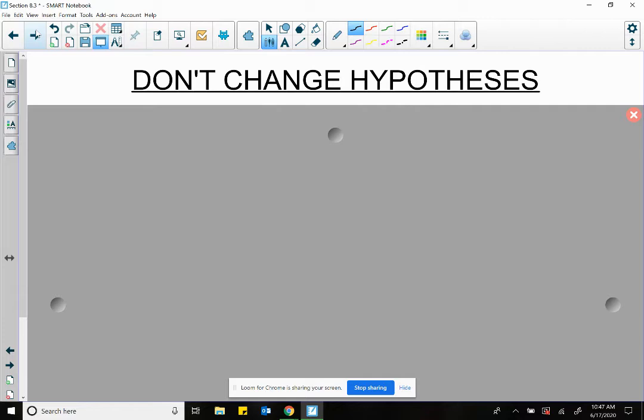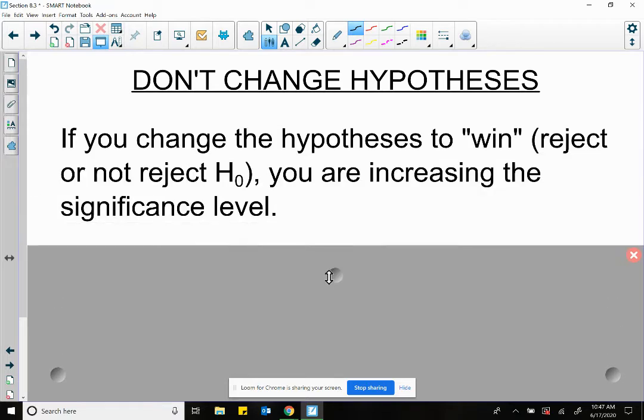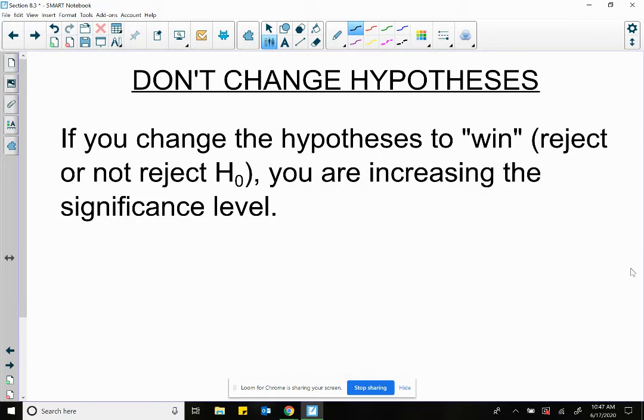Another piece, you do not change your hypotheses ever. Do not change your hypotheses ever. This is cheating. Okay? So what we say about this is, if you change the hypotheses to win, whether you're trying to reject or not reject, whatever you're looking for, then that means you are increasing the significance level.